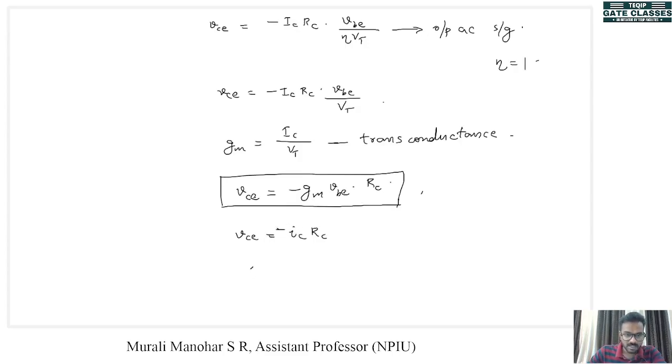That means ic is equal to gm into vbe. This is another relation that we can obtain from these equations. This can be used to model a transistor, that we will see later. For now, we are satisfied with these relationships.